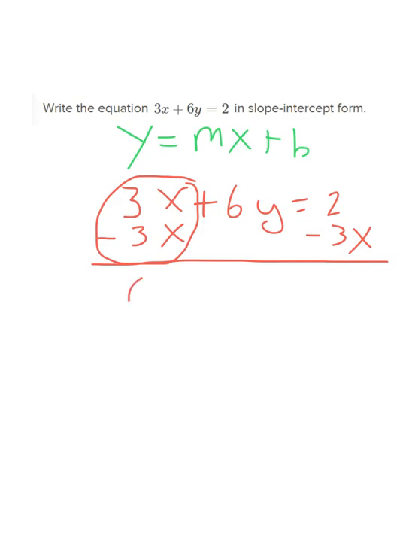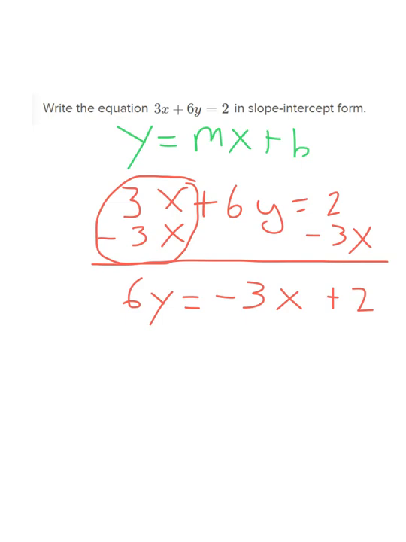So I get 6y equals, let's see, I want my mx next. My mx is minus 3x. And then that's my y-intercept, plus 2. So you can see in one move, we've made a lot of progress. This equation's getting closer to slope-intercept form.